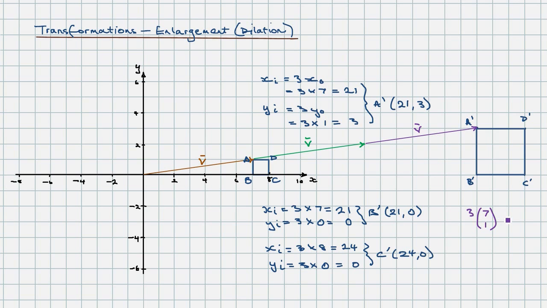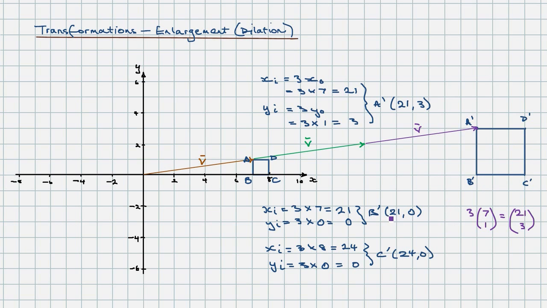So 3 times the vector (7, 1) is going to give us (21, 3), which is exactly what we've got here. So we've got 21 along and 3 up, giving us the position of the A prime point. And by doing the same operation on any of the other points, we'll easily be able to again map the image.